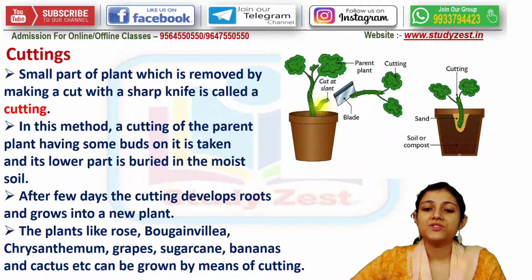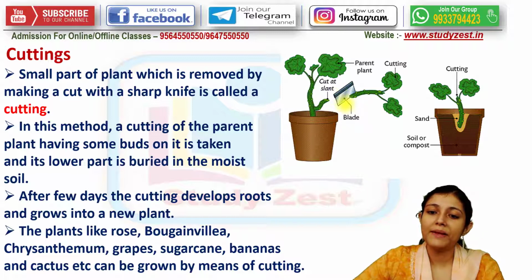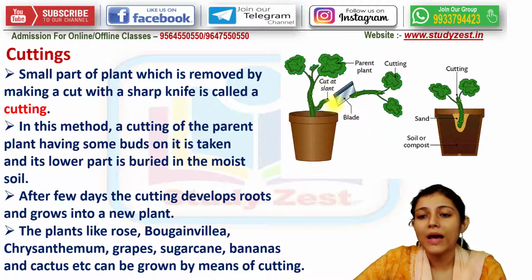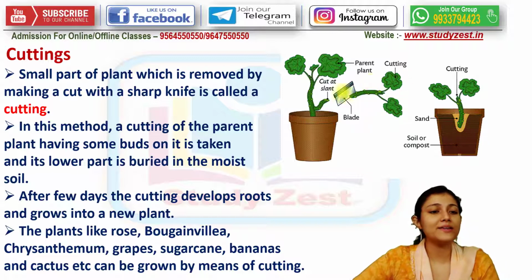In this picture you can see a potted plant. Here, by using a blade, a part of the plant is being cut, which has its shoot part, the small fleshy stem along with its leaves. Okay, and that cut part is planted. How is it done?